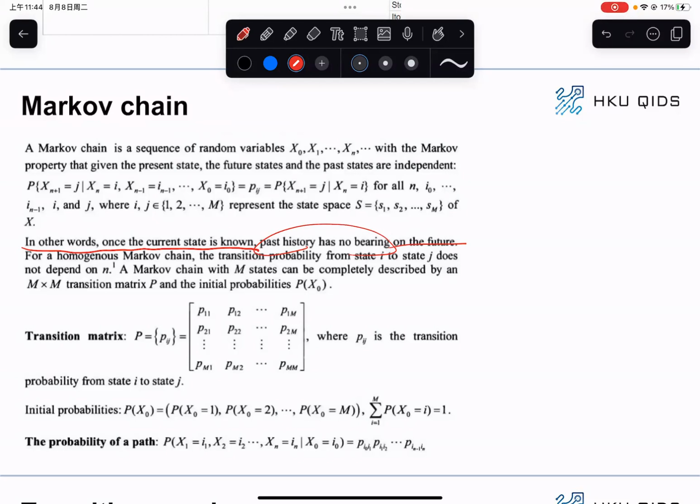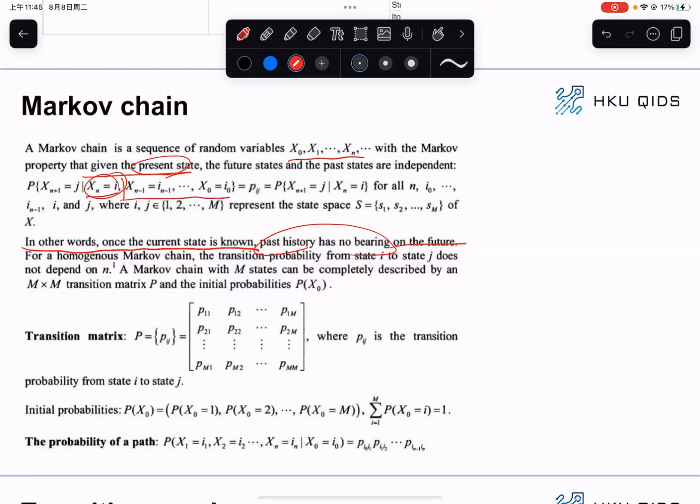Anyway, let's come back to the statistical part. A Markov chain is a sequence of random variables x0, x1, ..., xn with a Markov property: given the present state, conditional on the present state xn, this is the only one that should be related to us.